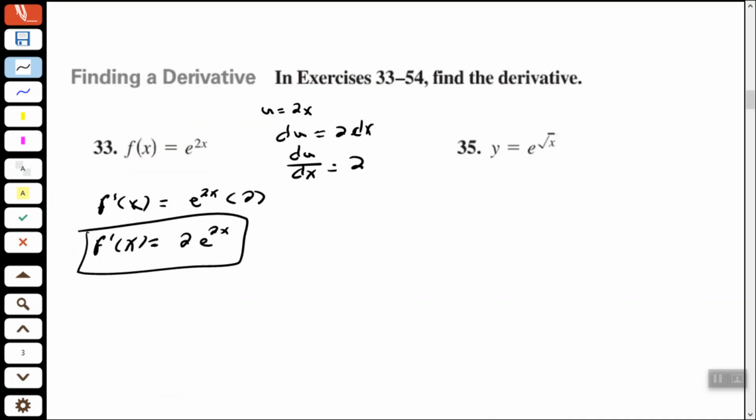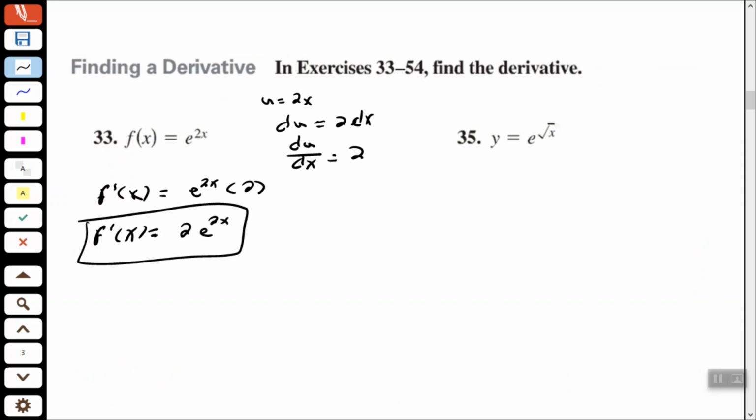All right, so number 35, let's let u equal the square root of x, and if we're going to find the derivative, we need to rewrite that as x to the 1/2. So du is equal to 1/2 x to the negative 1/2 dx.